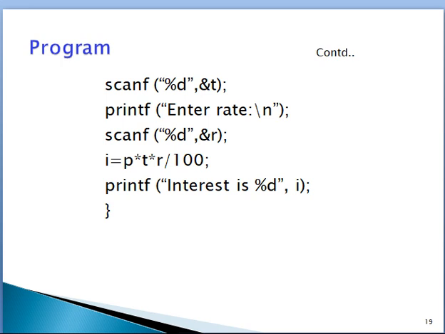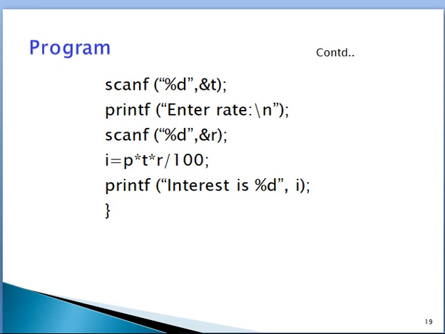After reading all three values, the next instruction is I equals P T R by 100. It substitutes all the values, principal, time, rate of interest, and evaluates that expression. After evaluating it, the value is stored in the I variable because the assignment operator is there.